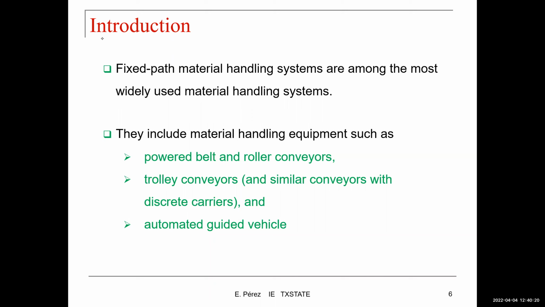So again, you're carrying products from point A to point B. Those can be transported using power belt or roller conveyors, a trolley conveyor in which you have specific capacity for the carriers, or automated guided vehicles that are used frequently in large warehouses where you put together orders for the customers.